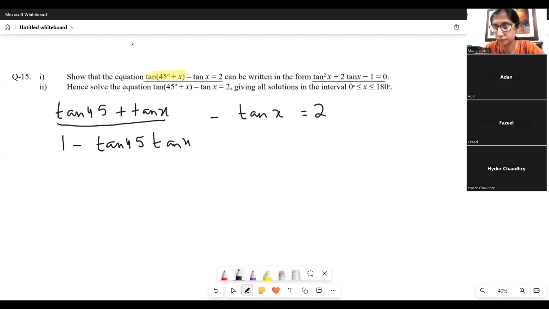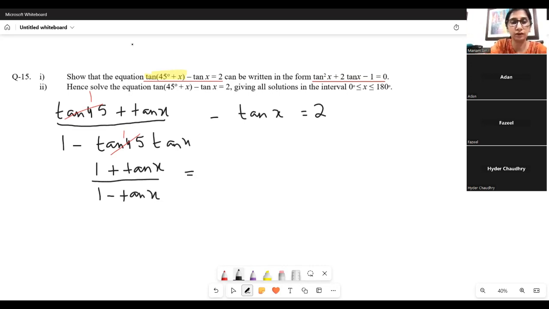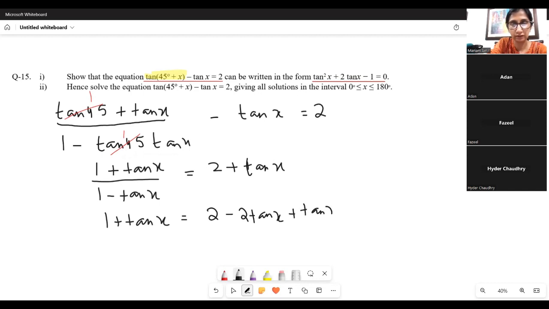I believe it's 1. Yes, that's 1. So this would become 1, and this would also become 1. So we have 1 plus tan x upon 1 minus tan x, and I'm sending plus tan x to the other side. So 2 plus tan x. Now we cross multiply. So 1 plus tan x, going to directly cross multiply: 2 minus 2 tan x plus tan x minus tan square x.